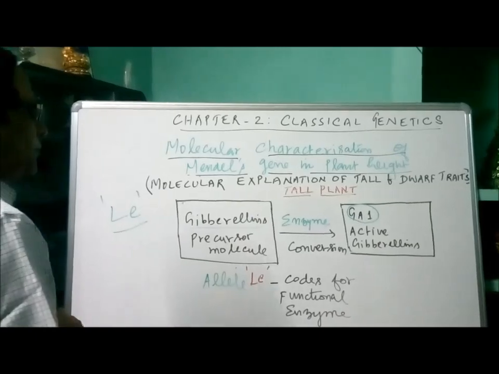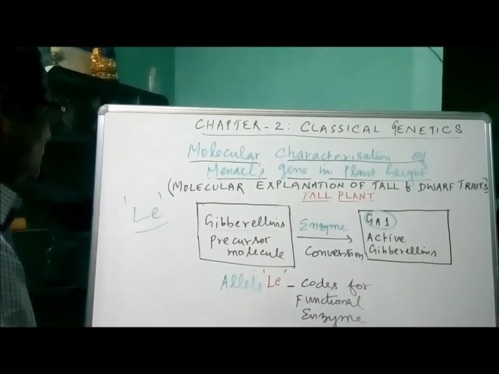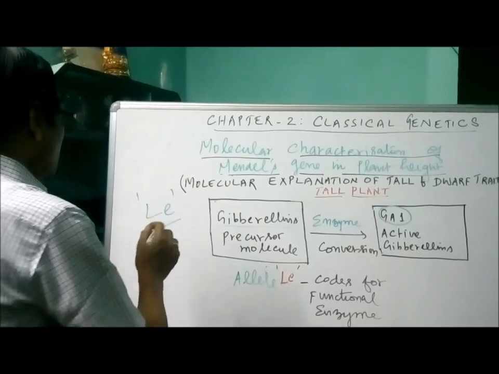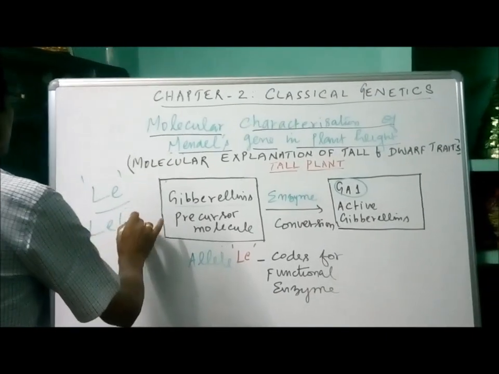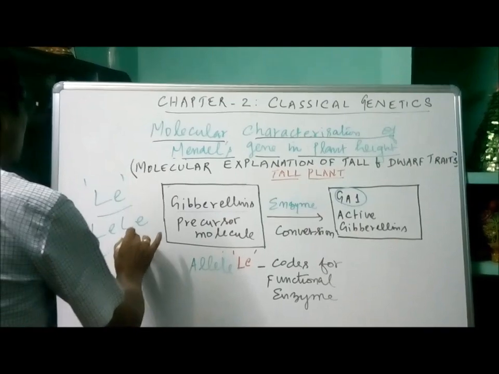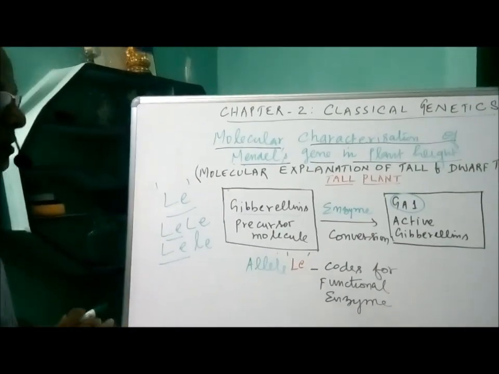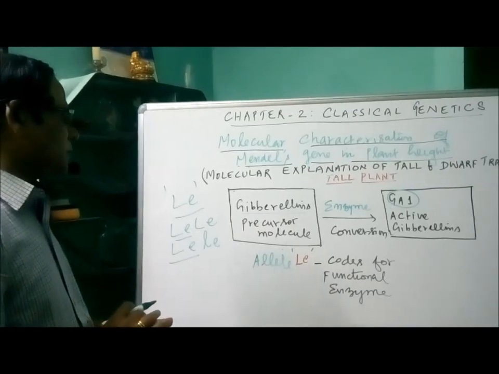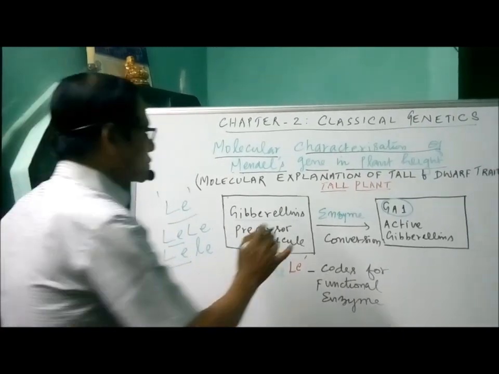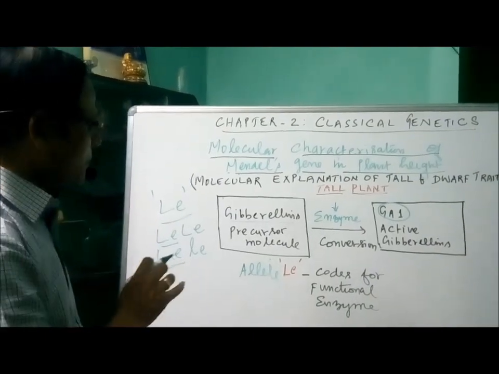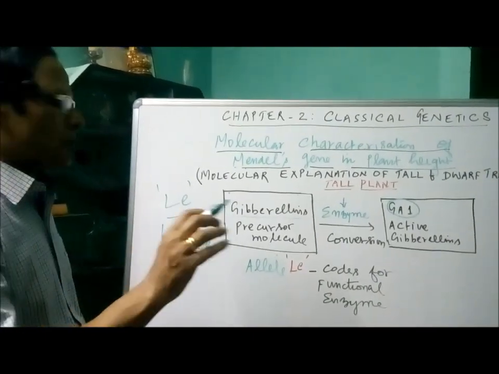We have already seen the gene for height. At least one gene is responsible. We have a homozygous condition and a heterozygous condition. At least one or two dominant genes are responsible for the expression of the enzyme involved in the biosynthetic pathway, that is the gibberellin synthesis pathway.